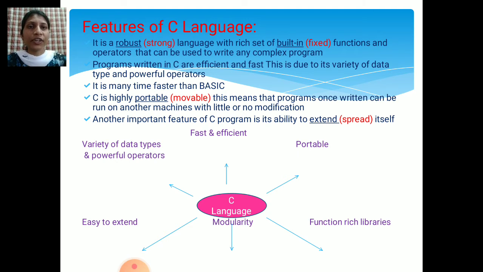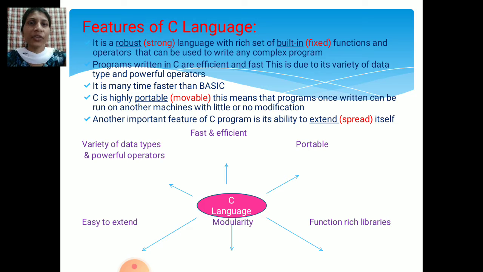The first one is that it is a robust language with a rich set of built-in functions and operators that can be used to write complex programs. Robust means it is a strong language with a rich set of built-in functions. Built-in means fixed functions.